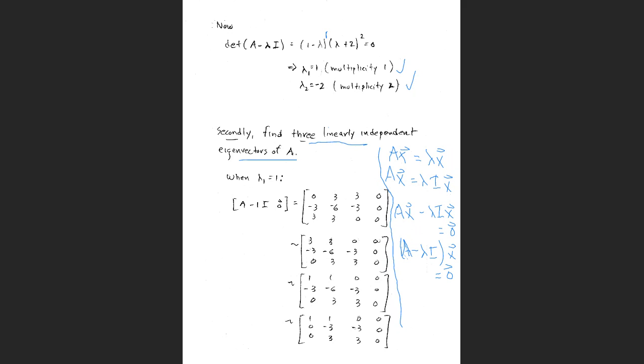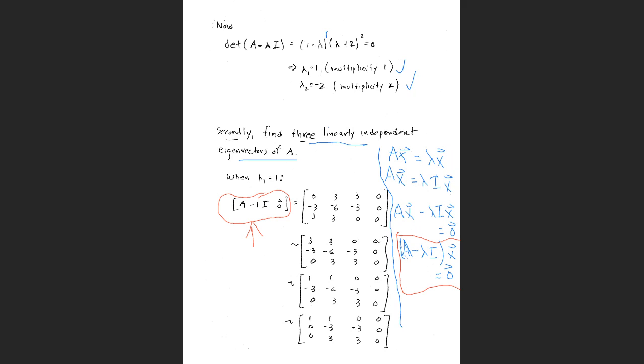I is the identity, of course. And so this equation here is how you find the eigenvectors, and that's what I'm doing here. That vector equation corresponds to this homogeneous system of equations.